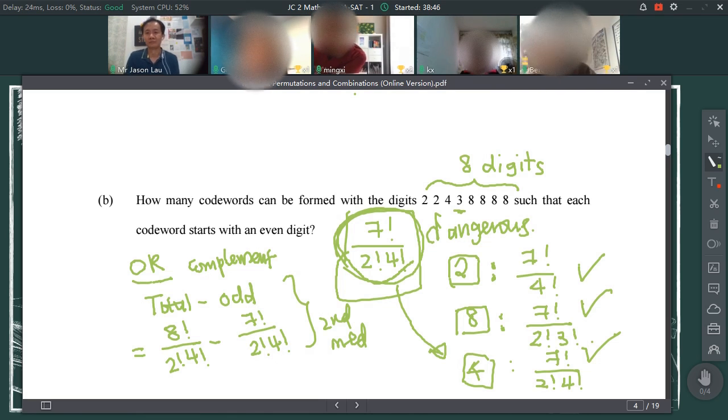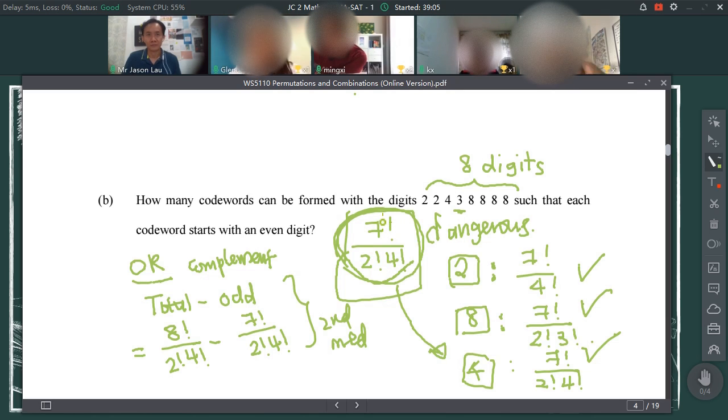Is it possible to take Kai Xing's one first, which is 7 factorial over 2 factorial 4 factorial? This is the arrangement assuming that the 3 is not there.